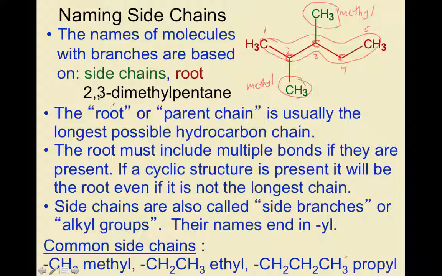So if we look at the name here, 2,3-dimethylpentane, the 2 and the 3 are indicating which carbons the methyl groups are on. Since we have 2 of the same group, we use a prefix to indicate that there are 2 of them, 2,3-dimethylpentane.